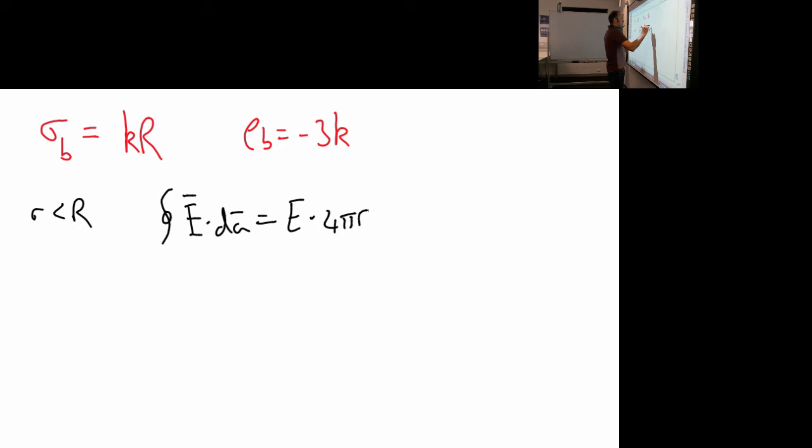So starting with inside, we have r less than big R. What we're going to do is go back to Gauss's law. So we have our integral of E dot dA equal to the electric field times 4 pi r squared, and this is going to equal the total charge enclosed divided by epsilon naught.